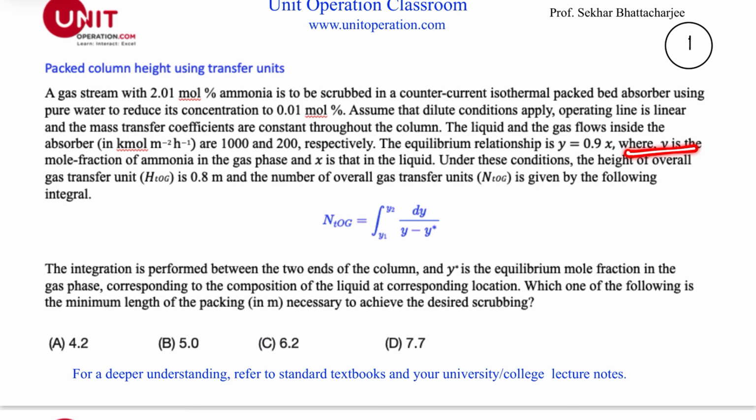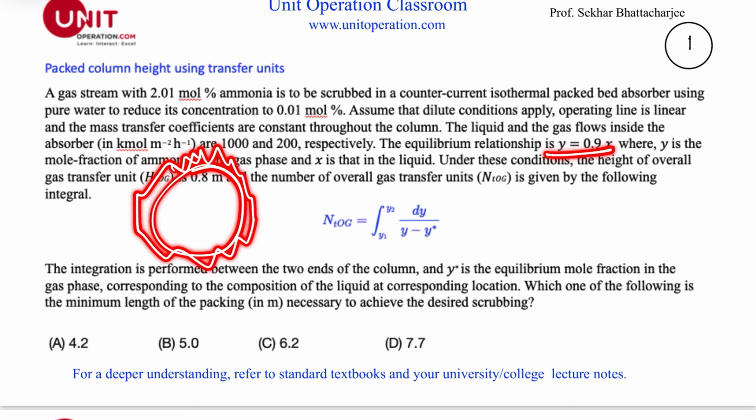So here y star is 0.9x. At this gas liquid interface, with water on one side and the bulk gas phase on the other, we assume equilibrium applies, and that is the relationship.